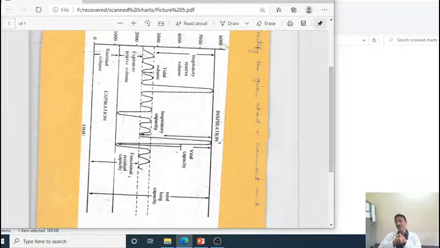So the first physiological variation is with age. The second physiological variation is with the sex of the person. Compared to females, you will find that the vital capacity is more in males. Third, the vital capacity also changes during sleep. In sleep, to a slight extent, the vital capacity decreases.